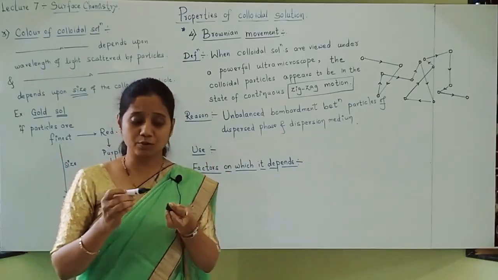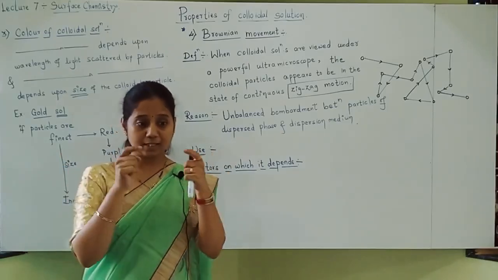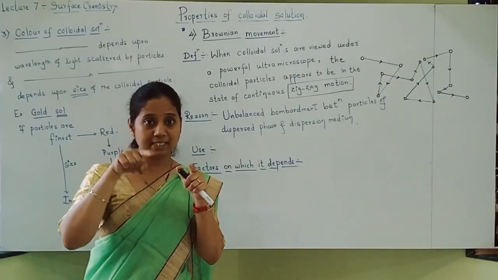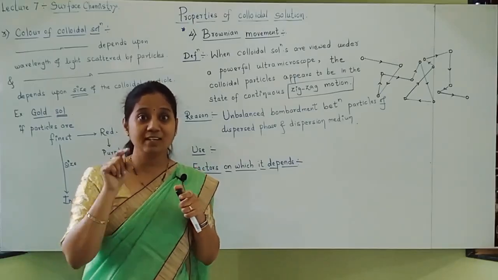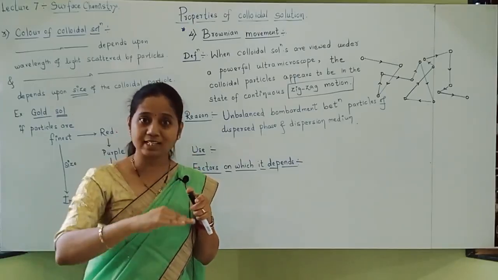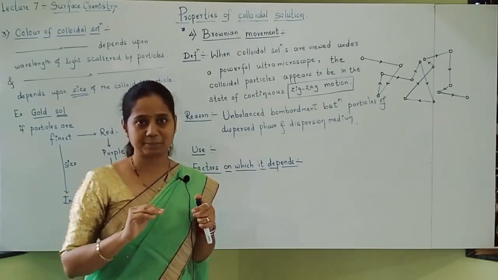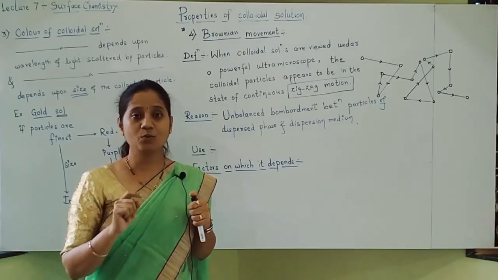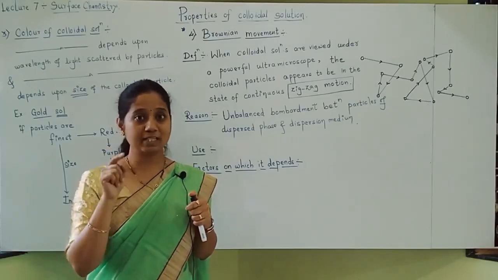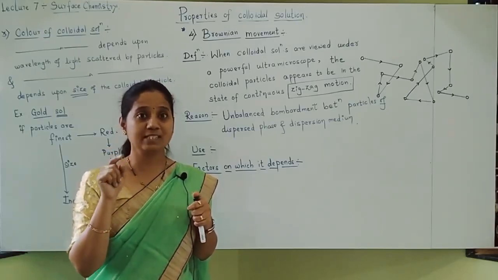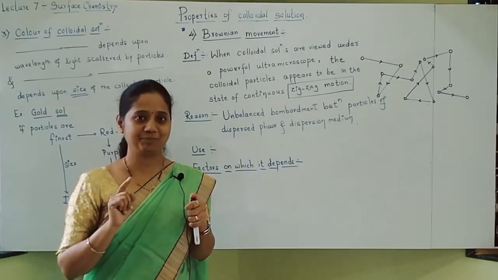What is the use of this? Due to this continuous bombardment, they remain in zigzag motion, and that's why these particles do not settle down, do not coagulate, do not precipitate. Getting? So this Brownian movement is important for the stability of the colloidal solution.